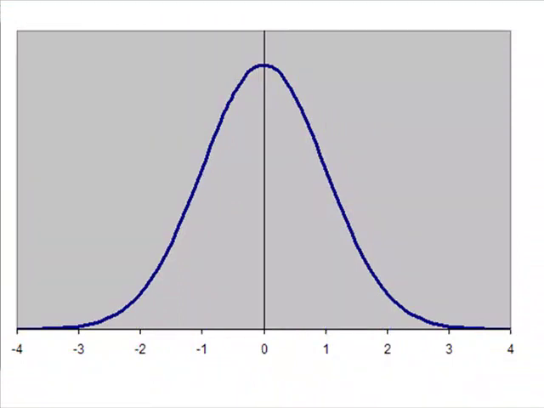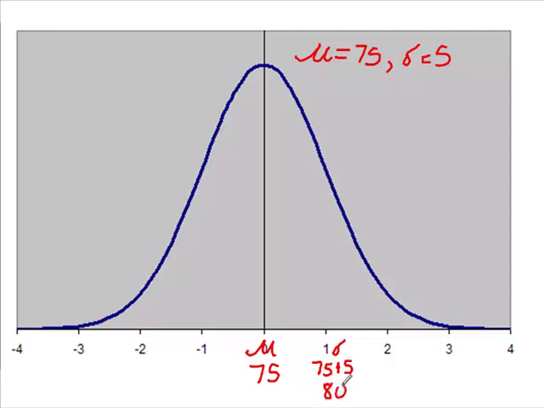For instance, say my class took a test, and I found that the average score was 75, with a standard deviation of 5. That would mean that the mean here in the center, the average score, would be 75. If I added 1 standard deviation, I would have 75 plus 5, or a score of 80.